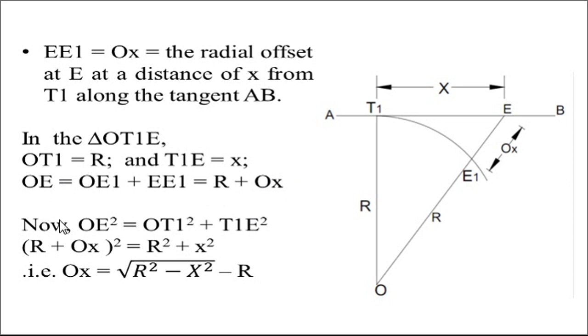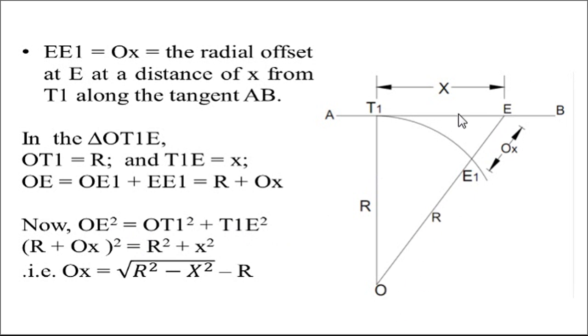Next, by applying the Pythagoras theorem, OE square is equal to OT1 square plus T1E square.